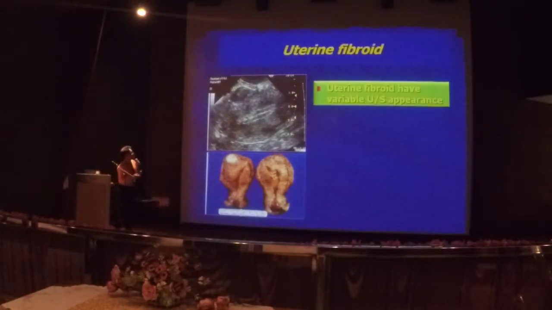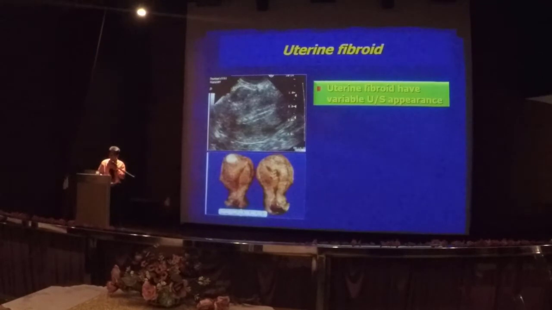So the fibroid, also known as leiomyoma or fibromyoma, and in layman's terms commonly known as the fibroid. By the name, fibromyoma, it has two components. One is a fibrous tissue component, the other is a smooth muscle component. The fibrous component will appear hyperechoic on scan, but the smooth muscle component will appear hypoechoic.